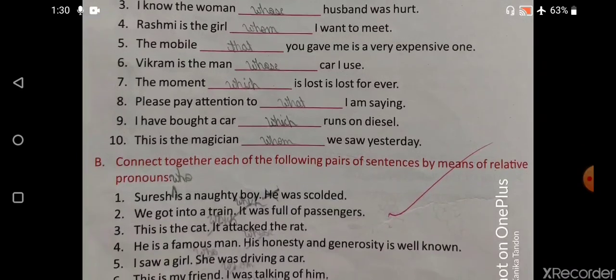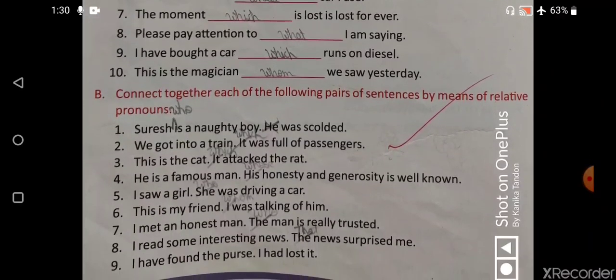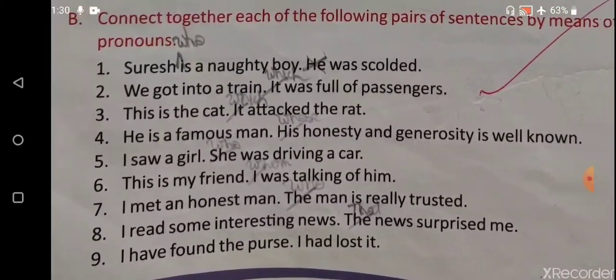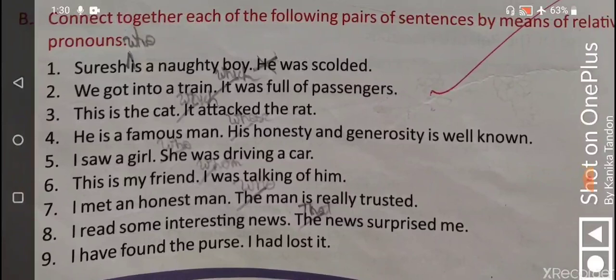Second is, connect together each of the following pairs of sentences by means of a relative pronoun. Suresh, who is a naughty boy, was scolded. We got into a train which was full of passengers. This is the cat which attacked the rat. He is a famous man whose honesty and generosity is well known.